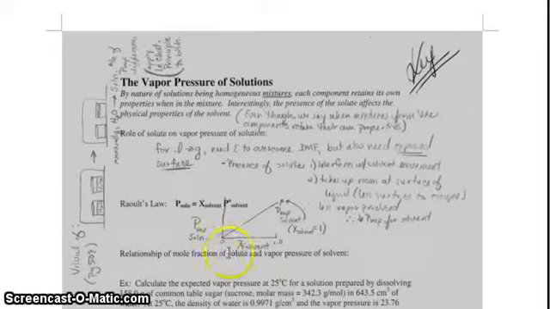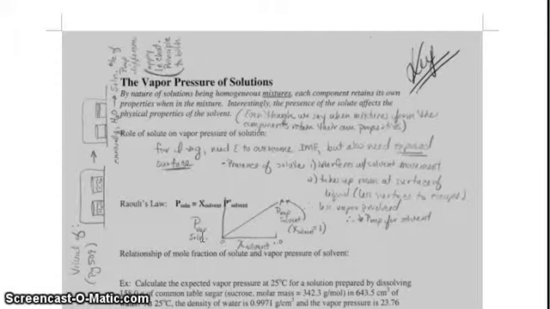In fact, as the mole fraction of the solvent decreases, here's a graph that shows us the relationship of the vapor pressure of the solution. If we have a non-volatile solute, it's only the solvent that's creating vapor.